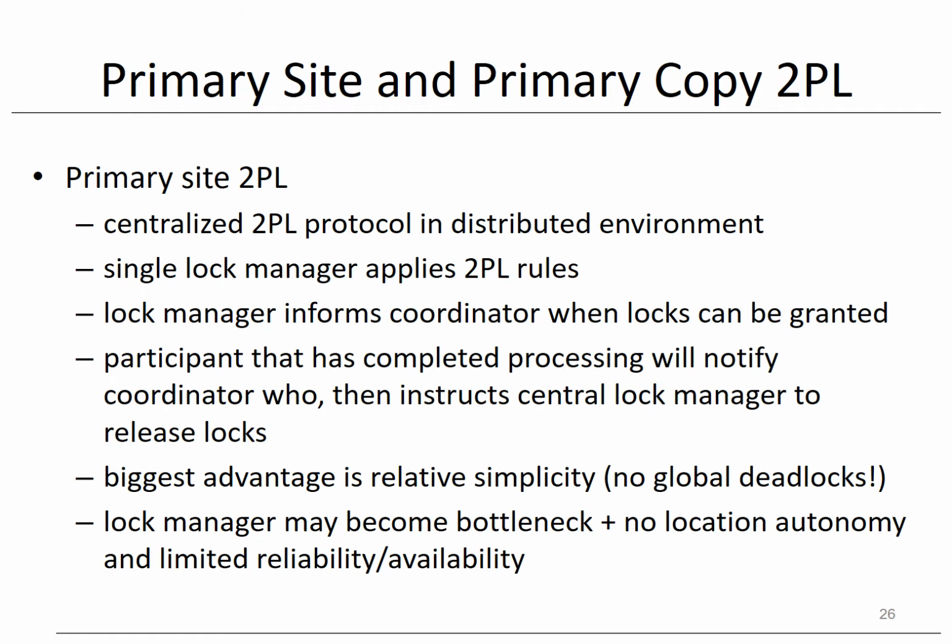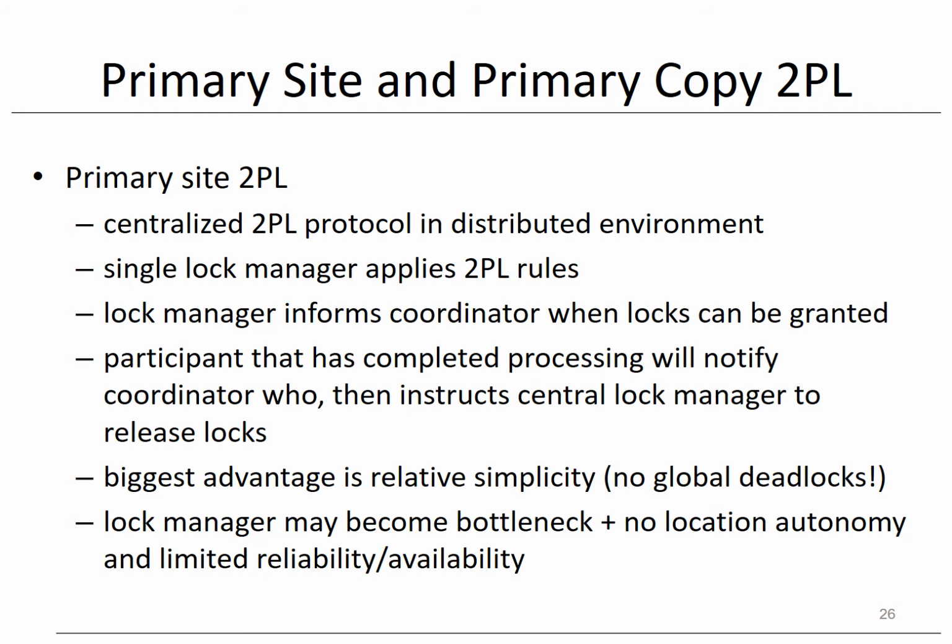In a distributed but tightly coupled setting, many concurrency control techniques from a standalone database system are still applicable. Most of these techniques rely on locking. Three well-known approaches are primary site 2PL, primary copy 2PL, and distributed 2PL. Primary site 2PL comes down to applying the centralized two-phase locking protocol in a distributed environment. A single lock manager is responsible for lock management across all locations.